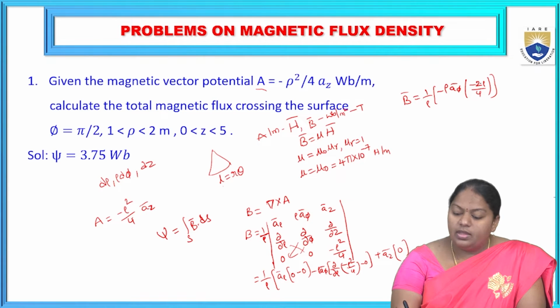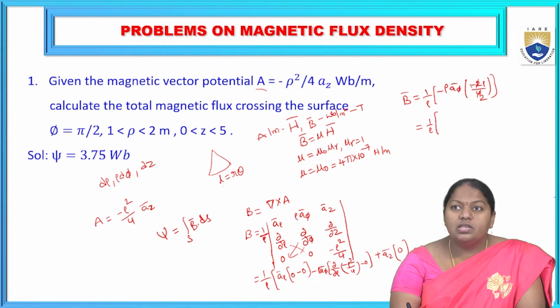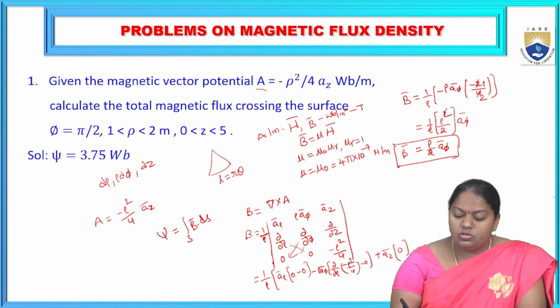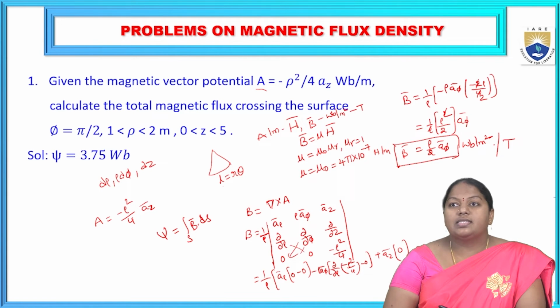Then 2 gets cancelled, which is equal to 1 by rho into this minus and this minus. If you multiply, this becomes plus, then rho into rho becomes rho square by 2 into A phi. And this gets cancelled. Rho by 2 into A phi is the value to be obtained for this B. Right? So B is to be measured in Weber per meter square, or sometimes Tesla.